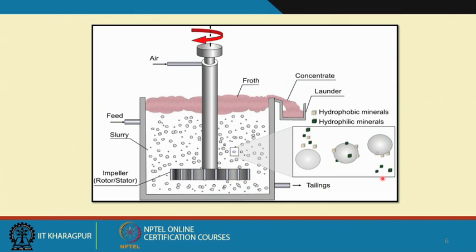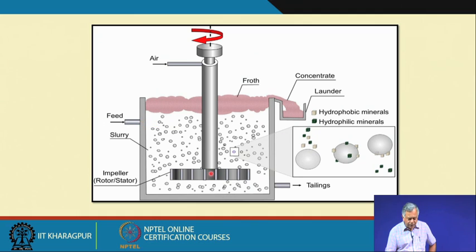With this diagram I would like to explain what this process is and how it is being done. Suppose we call this a froth flotation cell, and here you have a feed in the form of a particle mixture, that is your wanted and unwanted material, and water.